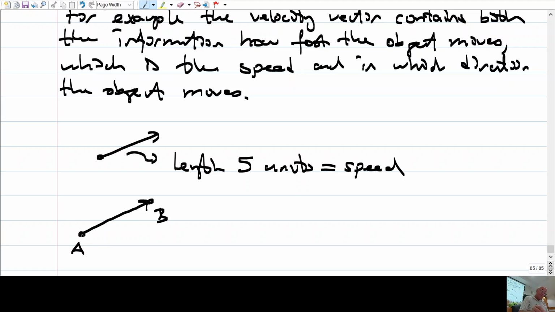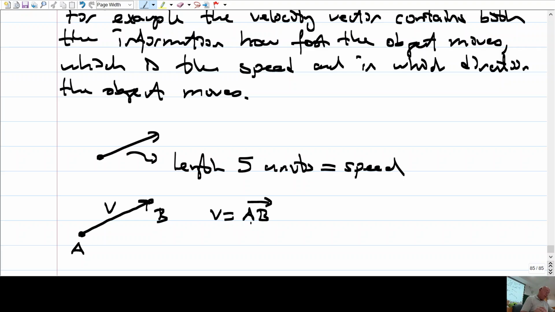So this is the vector from A to B. Let's call it V. So this is A, B. And to represent that this vector goes from A to B, we also put an arrow like this. So the vector starts from A and goes to B.